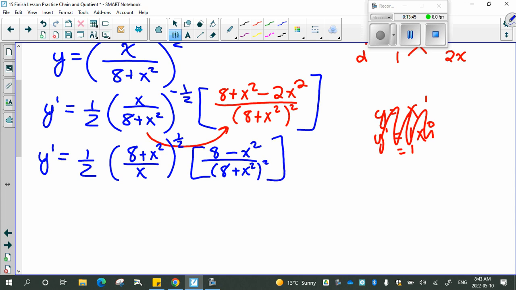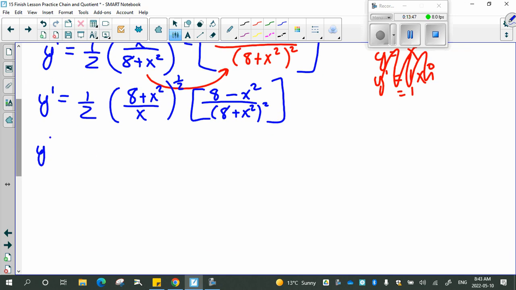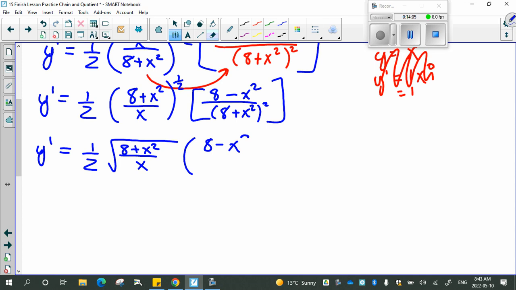And then the last thing I would do before I sub in 1 would be to write this as square roots. You can write this as the square root of (8 plus x squared) over x, times (8 minus x squared) over (8 plus x squared) squared.